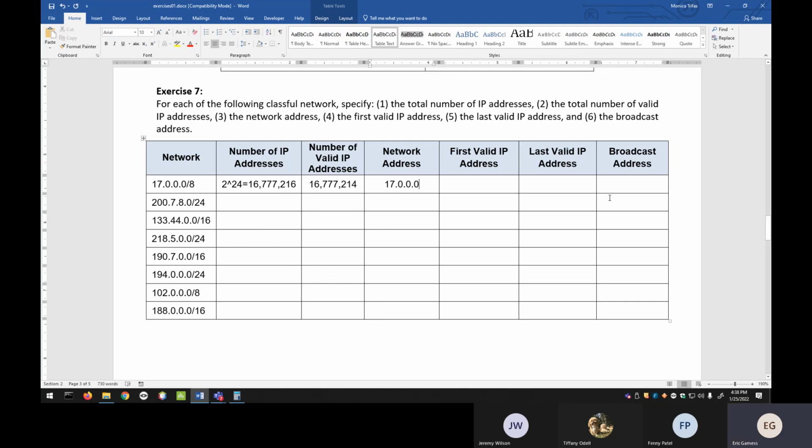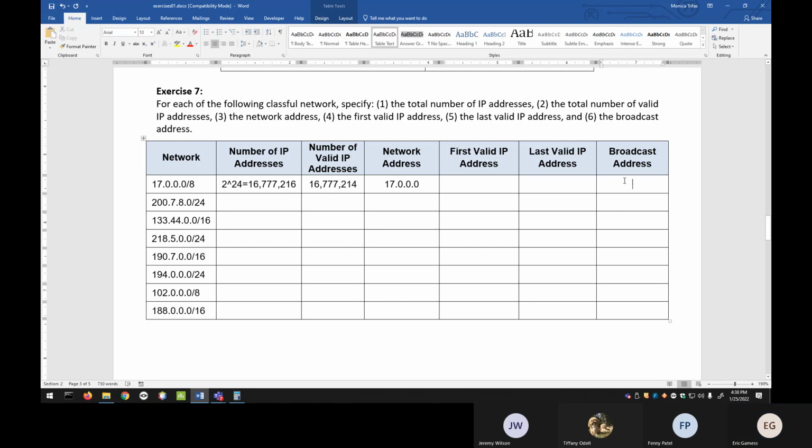What is the broadcast address? 17.1.1.1 will be a valid IP address, not the broadcast address. So the broadcast address will be the last IP address in the network. The network IP address is the first IP address, and we lose it. So of the two IP addresses that we lose, we lose this one, and we will lose this one.